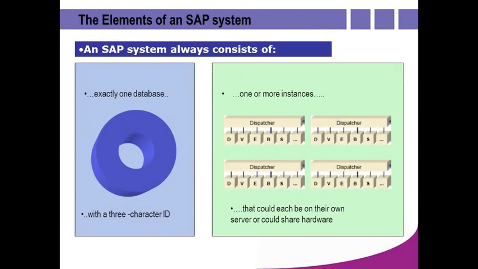That name is called SID, System ID. For the entire application layer, we have one name, that is called SID. This SAP system has one SID name, and under that SID, we have some instances.